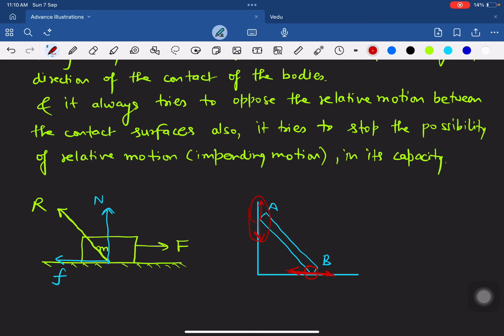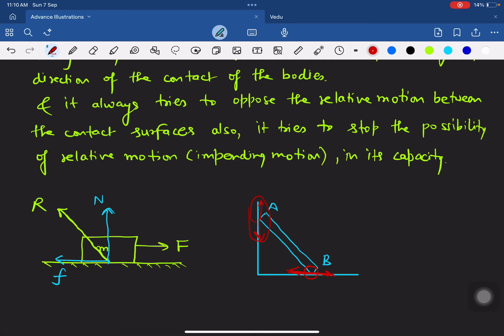So this is a very important thing that you have to keep in your mind, that friction force always acts along the surface of contact, or you can say it will be along the tangent to the body. This is the first thing.